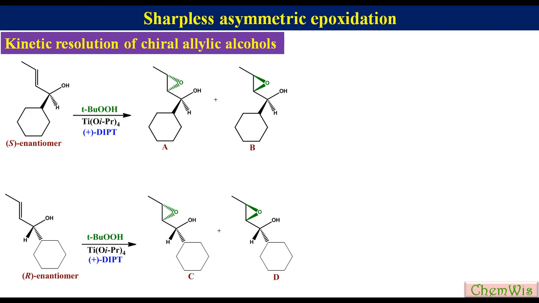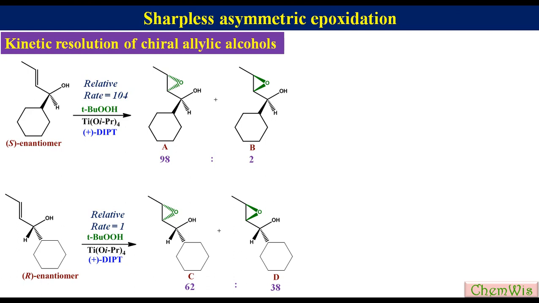Since both the factors are working in the same direction, we get 98% A and 2% B. In R enantiomer, bottom face attack is sterically hindered while it is favored by the ligand factor. Since two factors are opposing each other, but ligand factor overrides the steric factor, we get 62% C and 38% D.